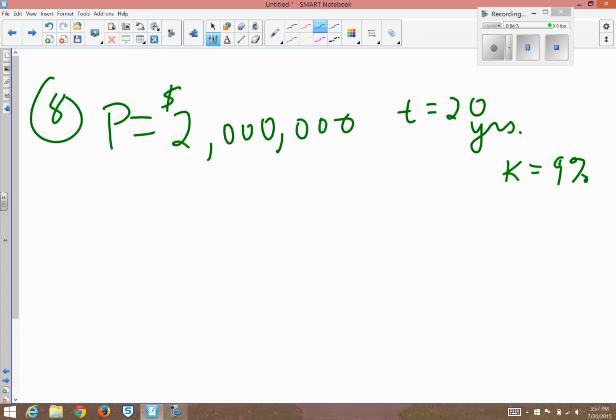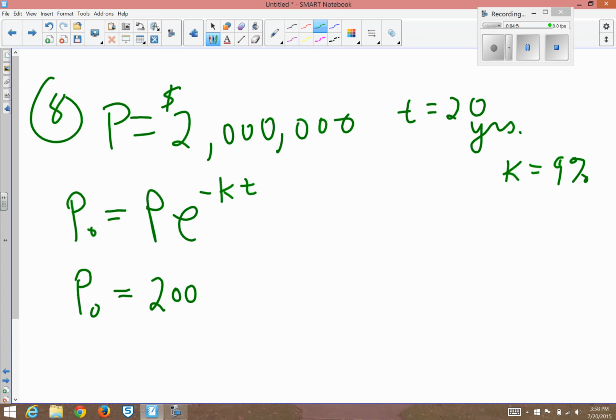This time we use this formula, P sub 0 equals P e to the negative kt. P sub 0 means the value now. In the future, the value will be $2 million. The e is brought down. This formula has a negative in it. It's going to be negative 0.09 times 20.